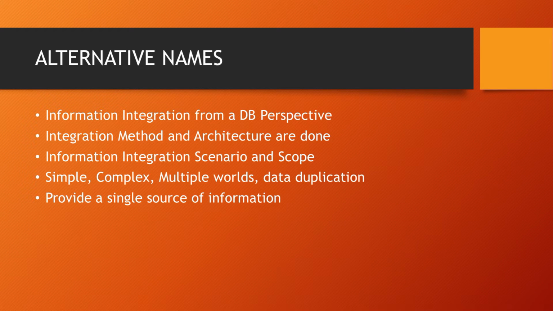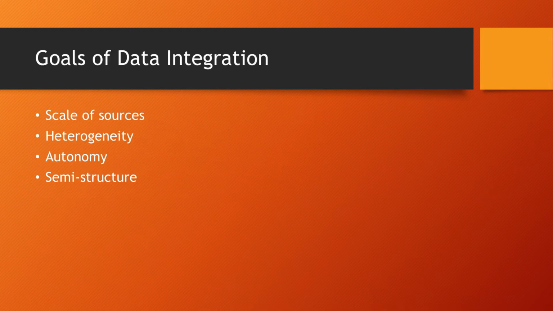There are also simple, complex, multiple worlds, data duplication, inconsistency, and system proliferation. And of course, it also provides a single source of information to support the portfolio management division. So all of those could be used as alternative ways or alternative means of data integration.